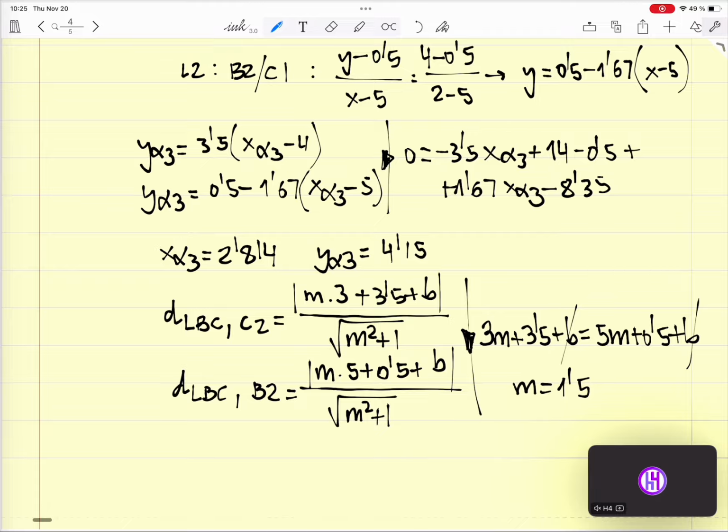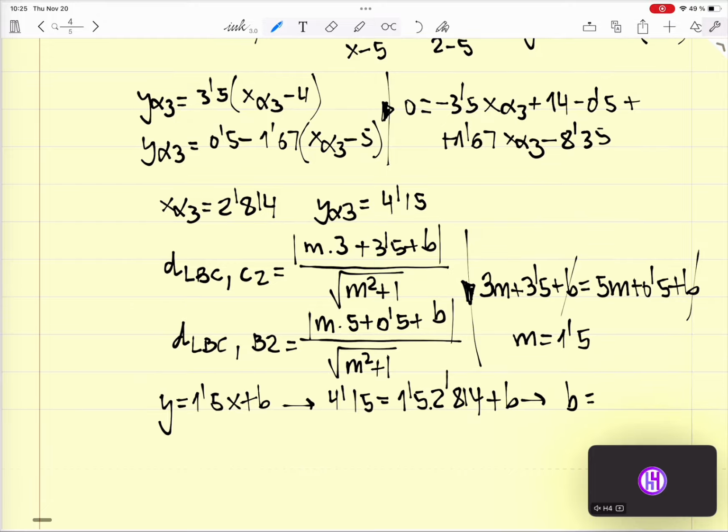And because the line goes through alpha 3, we can substitute the data. This is 4.15 equal 1.5 times 2.814 plus b, resulting then into b equaling minus 0.071.